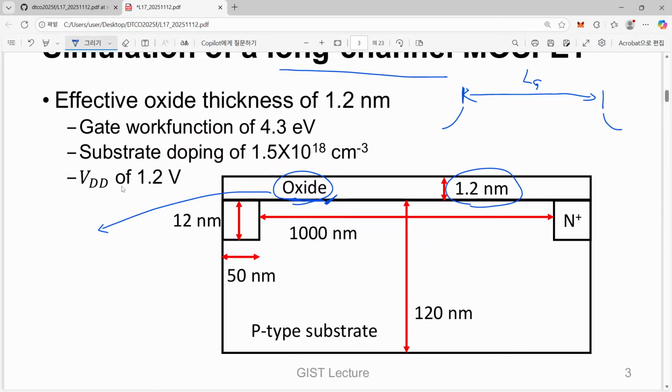And what else? Here we have a channel length of 1000 nanometer, which corresponds to 1 micrometer. Compared with the minimum number available to this technology, it is much longer.